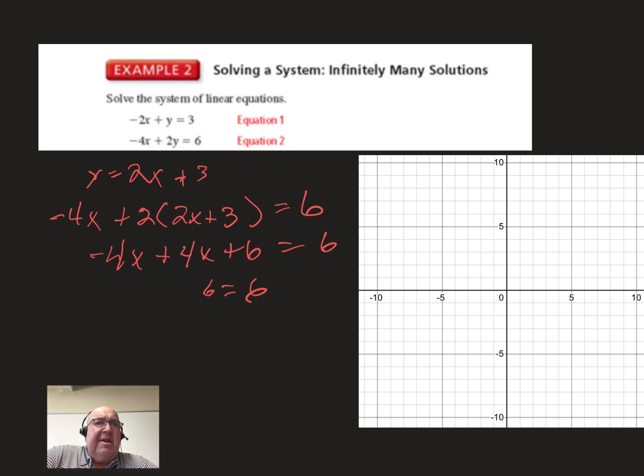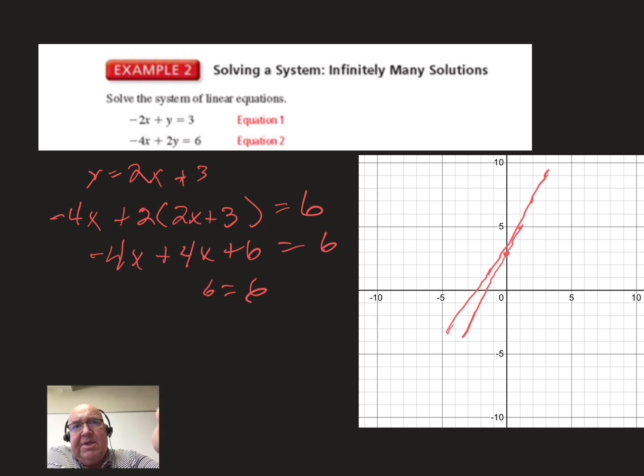I'm going to go ahead and graph this. So I'm going to start at 3, 1, 2, 3, and I'm going to go up 2, up 2, up 2. I'm a little bit off there, I believe, but let me go down here a little bit better.